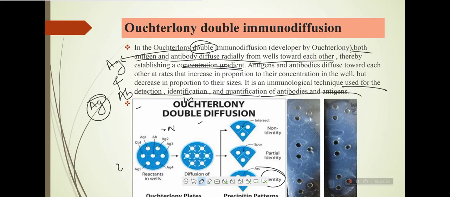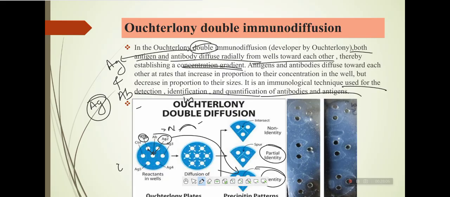If antigen 1 and antigen 2 both bind with this antibody, it means both antigens have a common epitope for this antibody, right? This means they are identical to each other, or they form an identity, or a curve. This comes under identity. And the third one is partial identity.